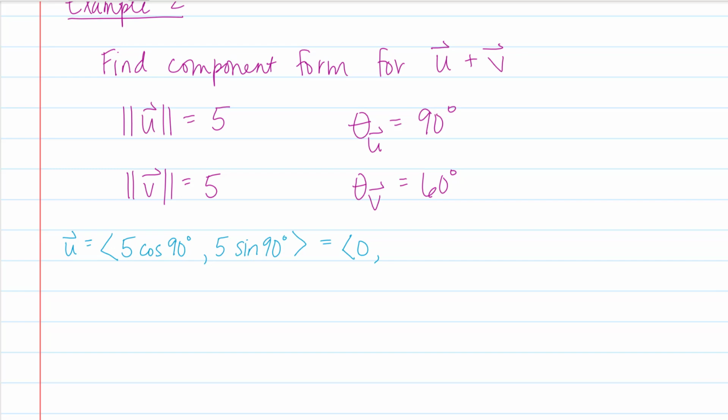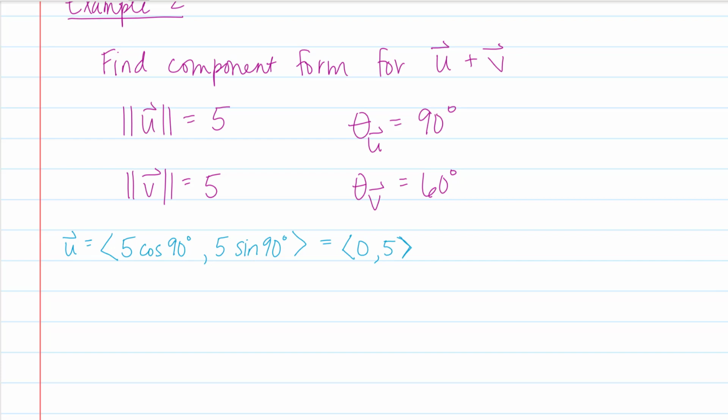And what is sine at 90 degrees? Well, that's 1, so this is 5. Let's just step back for a second and think about this answer. Wouldn't 0, 5 have a magnitude of 5, a length of 5, and a direction angle of 90 degrees? Wouldn't it go straight up that y-axis 5 units? So the answer we're getting makes sense with what we know about graphing in general.